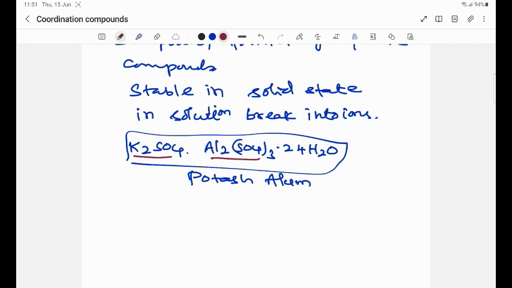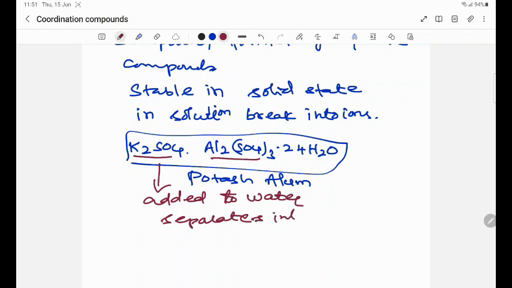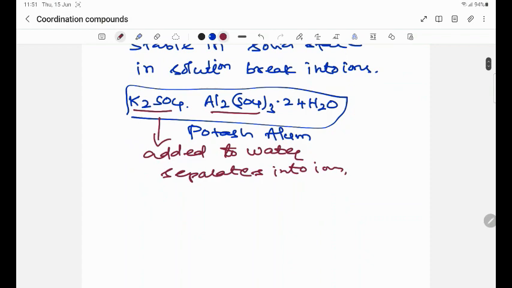In solid state, this compound is stable, but when this compound is added to water, it separates into ions or it ionizes. What are those ions? It turns into K+, SO4 2-, Al3+.